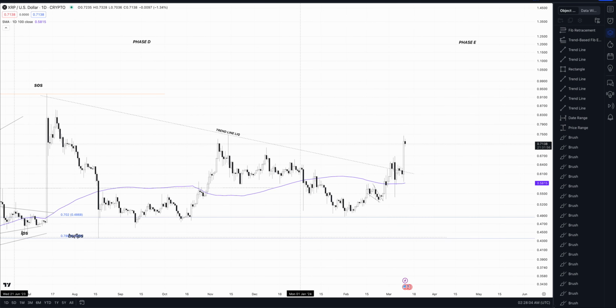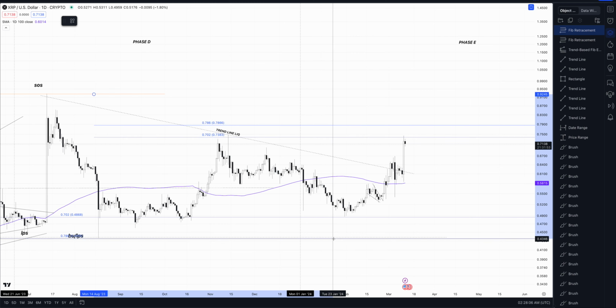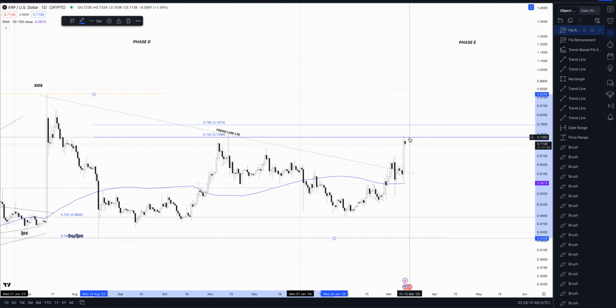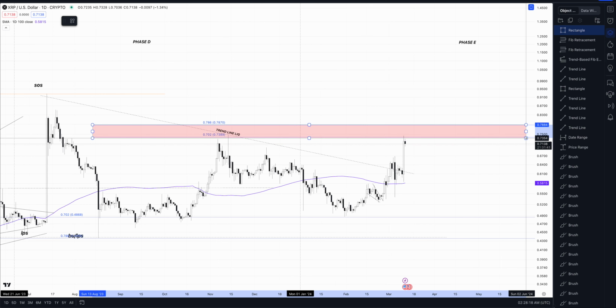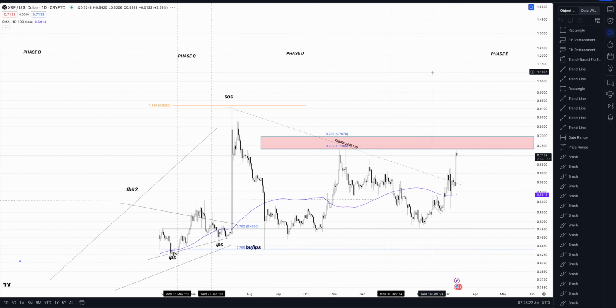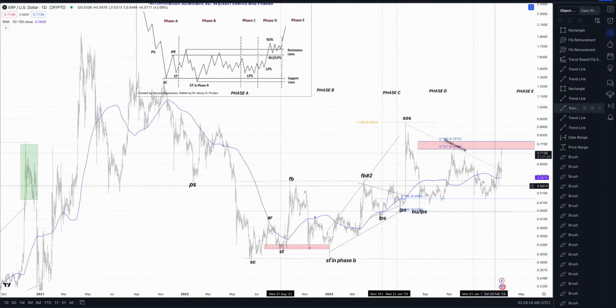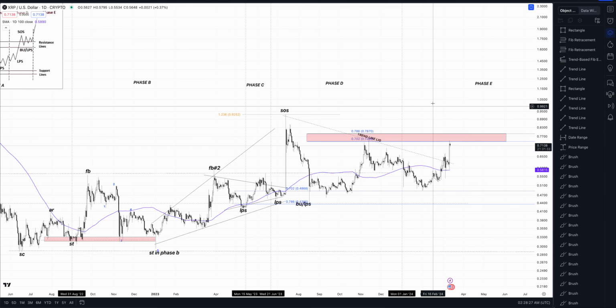Now, I want to show you that we are finding some resistance here at the 702, okay? Once you get over this 702-786 region from 73.89 to 78.70, it's going to be absolute fireworks for XRP. And then you're going to have intermittent resistance sitting at $1.10, $1.30, and around that $1.70 region.